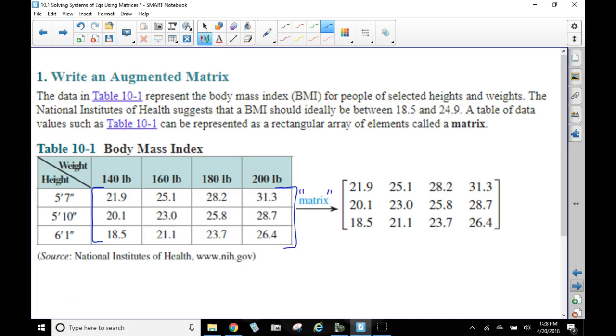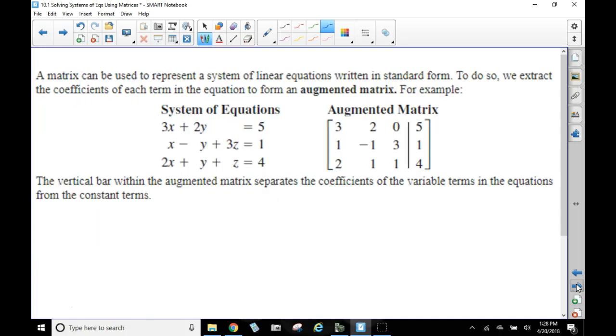You'll see 21.9, the first entry in the first column, first row, then 25.1, 28.2, and so forth, 23.7. So you just put those numbers in a rectangular array of numbers, and that is what we refer to as a matrix.